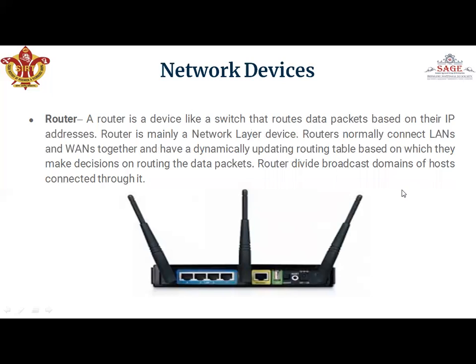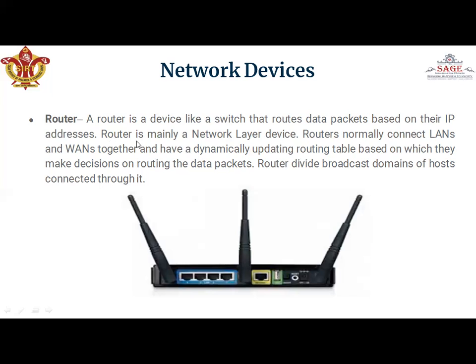Moving on, router. A router is a device like a switch that routes data packets based on their IP address. Means a router is basically an inter-networking device, a very intelligent device, because this is the basic function of a router: it can decide the path of a data packet, how that data packet will reach its correct destination from source to destination.